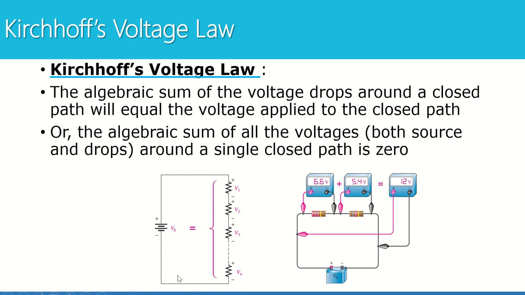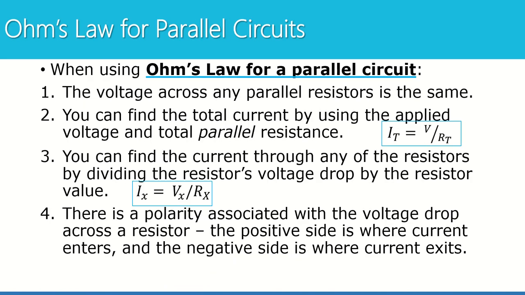So if I were to travel along this loop, I'd have a positive voltage for V1, a positive voltage for V2, a positive voltage for V3. All of these voltages would be positive, and as I go around the loop and hit the source, I have a negative source voltage. So I'm going to add all of these up, subtract the source voltage, and I should end up with 0. That's a review of KVL, Kirchhoff's voltage law.